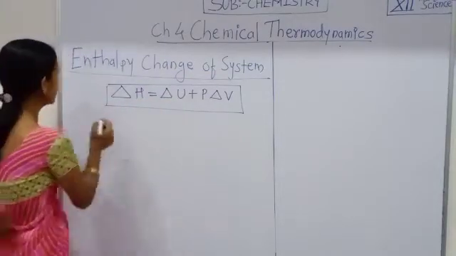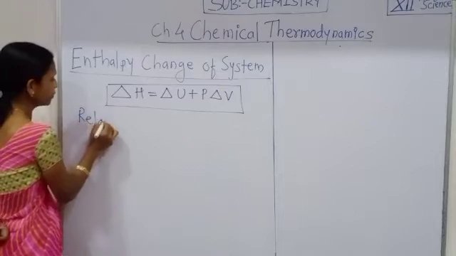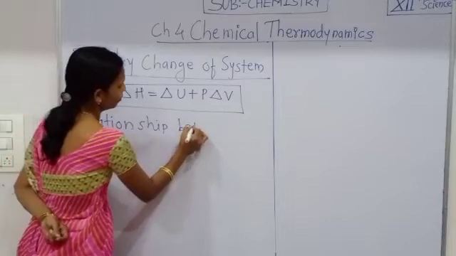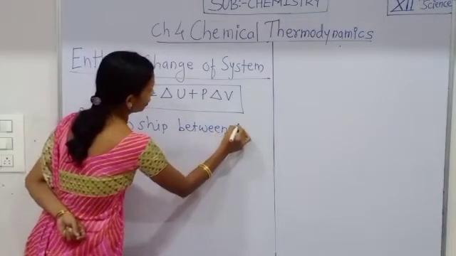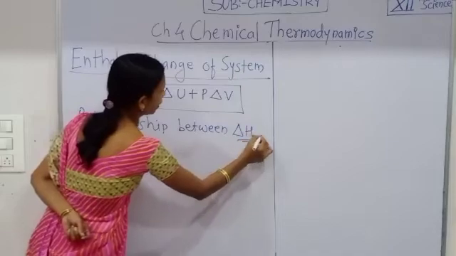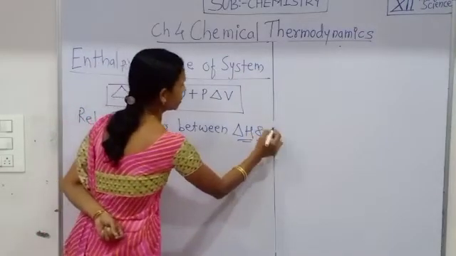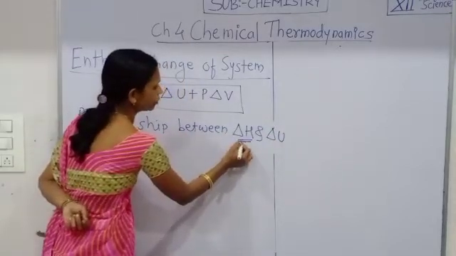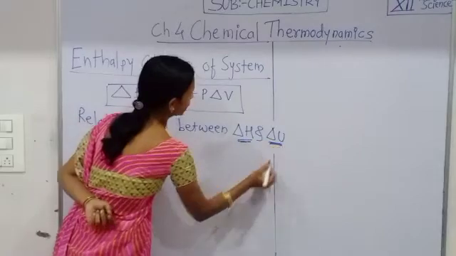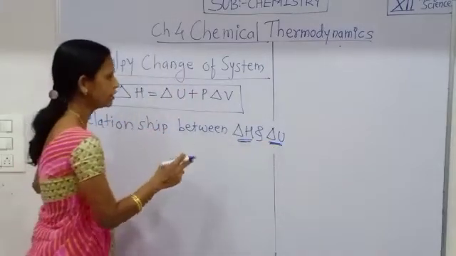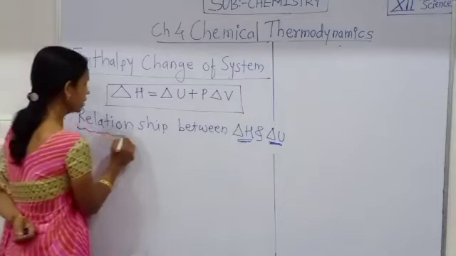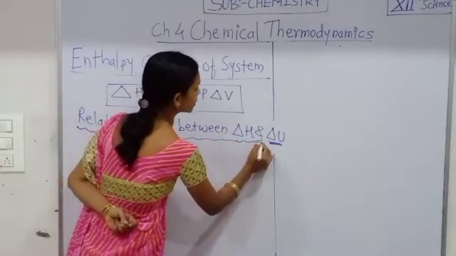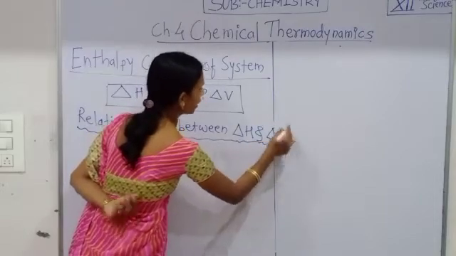Then we will study the relationship between delta H and delta U. Here delta H is enthalpy change of the system and delta U is the change in internal energy of the system.